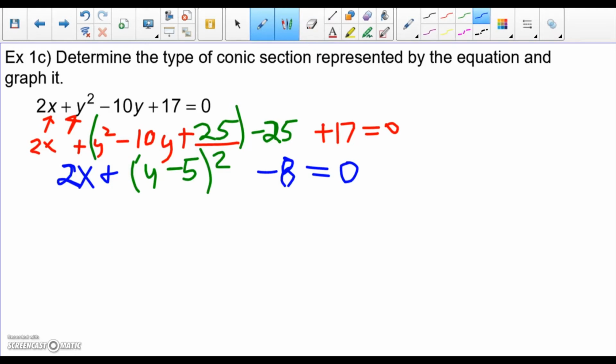So we're going to need to rearrange things, but remember what we want. We want the form that's going to be like x minus 5 or x plus 2 or something like that. So I want the squared term on one side and everything else on the other. So actually what I'm going to do is subtract this squared term over to the other side.